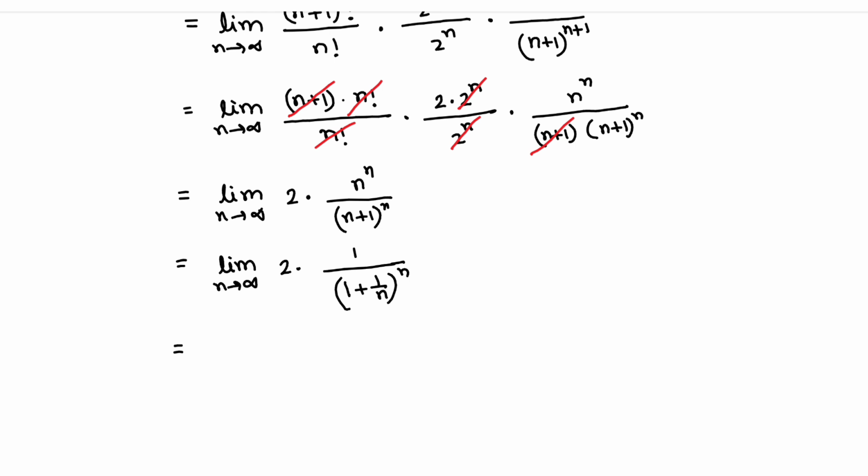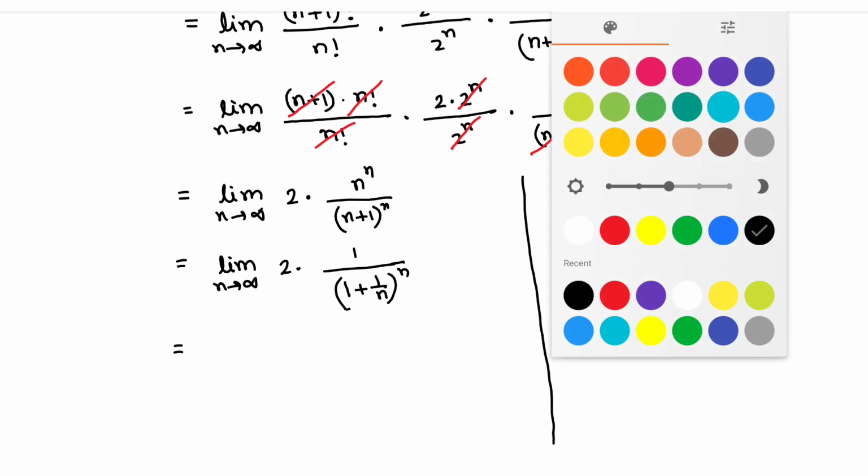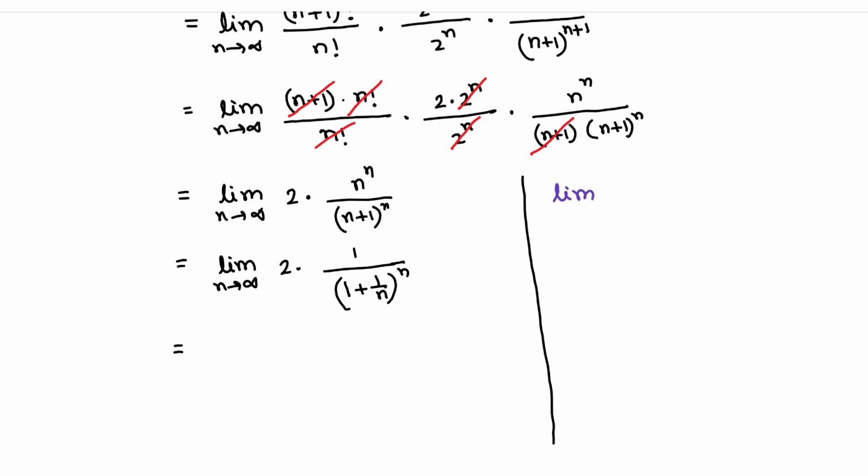So limit 2 by 1 plus 1 by n whole to the power n. What is the limit? Actually in class 11 or 12 you have learned 4 results. Limit n tends to infinity 1 plus 1 by n whole to the power n is equal to e. Limit n tends to infinity 1 plus 1 by n whole to the power minus n is equal to 1 by e.